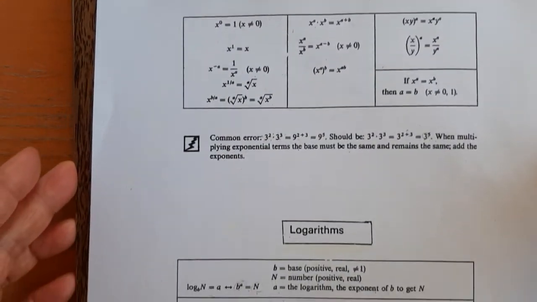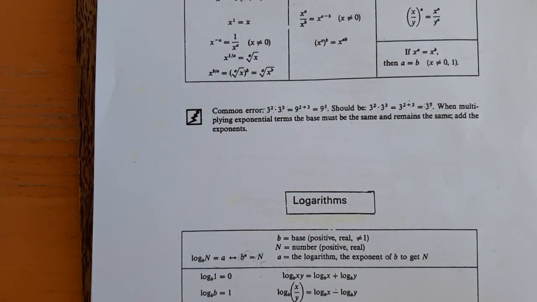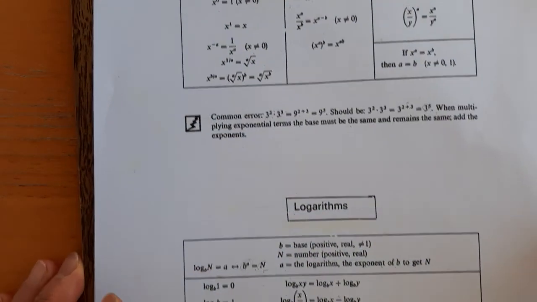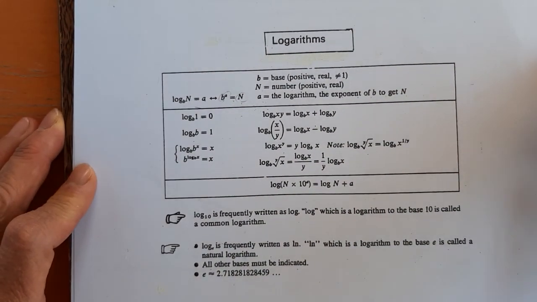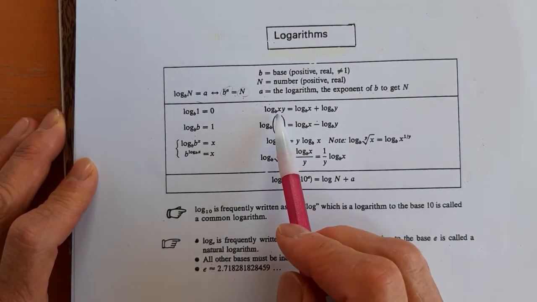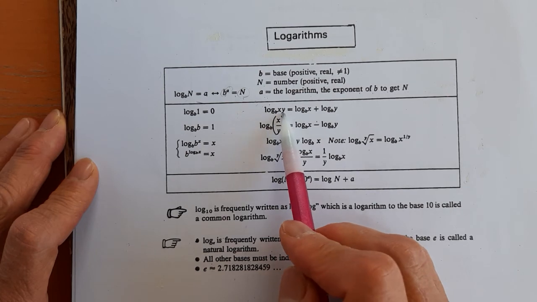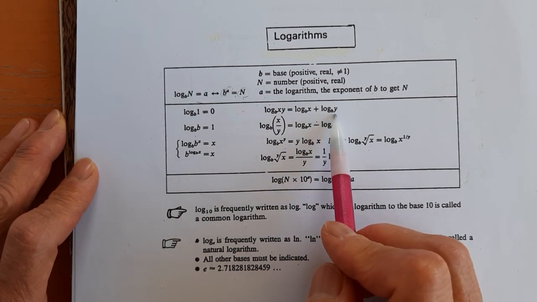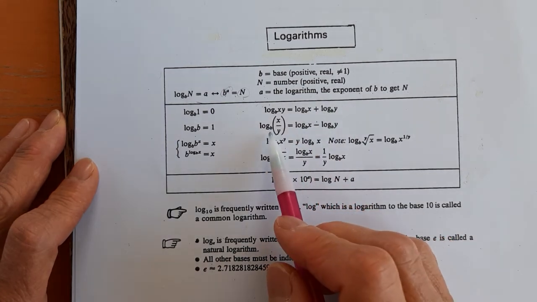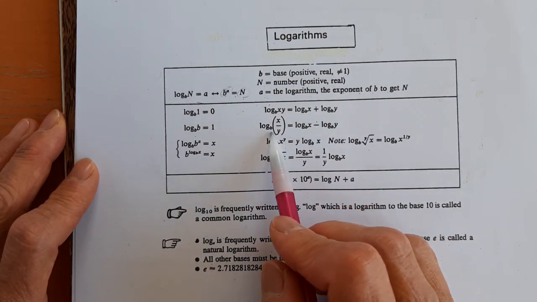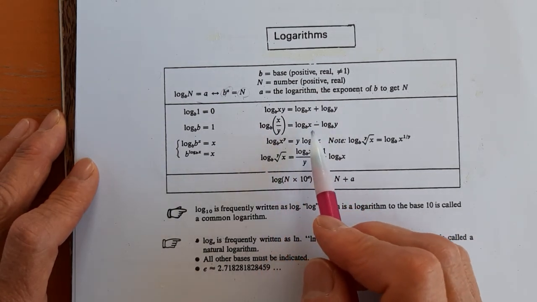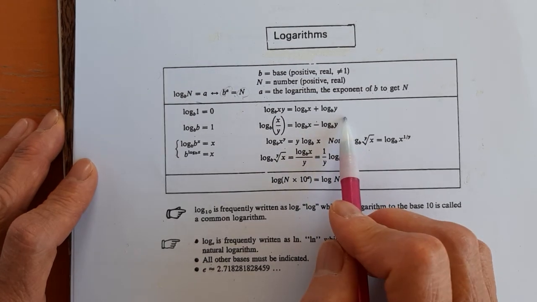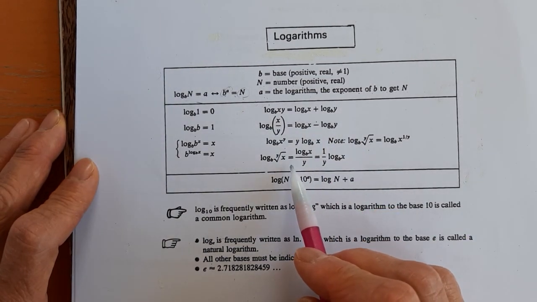We can prove it, and you can see it on your notes. Log base b of x times y equals log x plus log y. That's the product rule. And the quotient rule: log base b of x over y equals log x minus log y. Another one is the power rule.